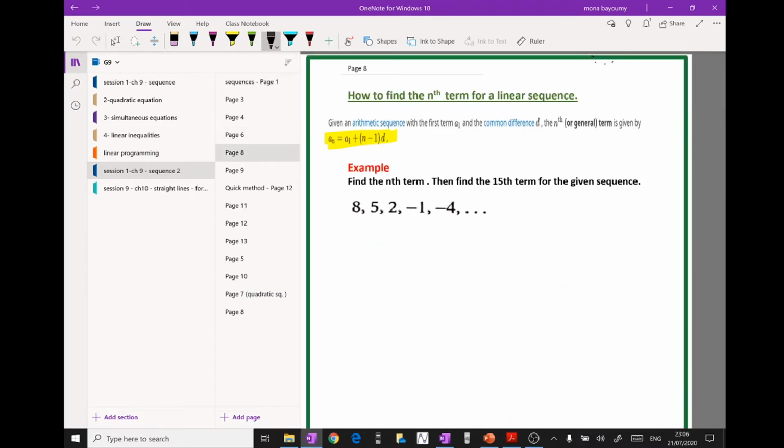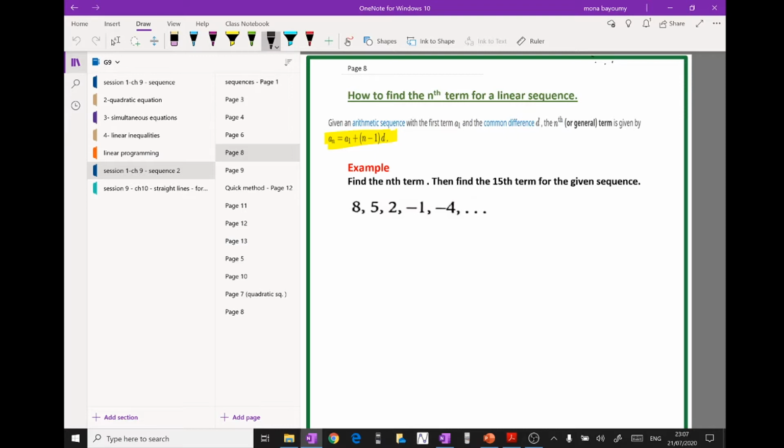Now we want to learn how to find the nth term for the linear sequence. What is the nth term? The nth term is the general term, the general formula for the sequence, which we can use to find any term in the sequence just by substituting n by the number of the term.